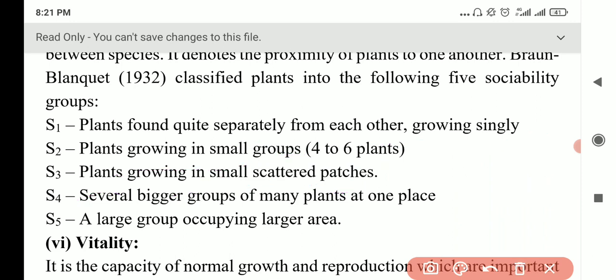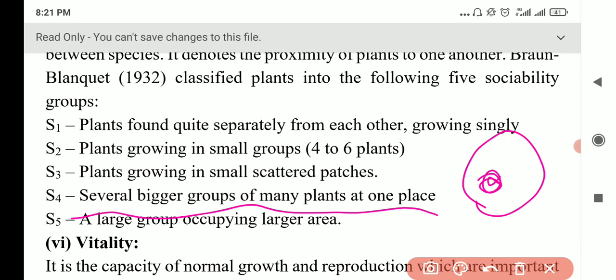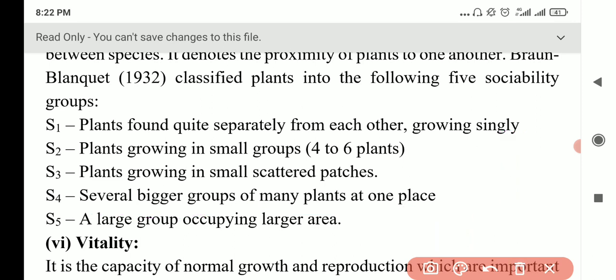Then S4, several bigger groups of many plants at one place. This is one group, this is another group, this is another group. And then S5, a large group occupying a larger area. I think you can understand what it means, because it's well defined.